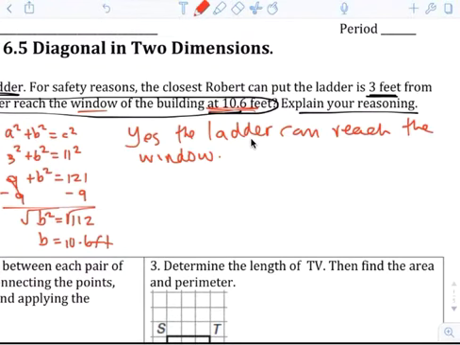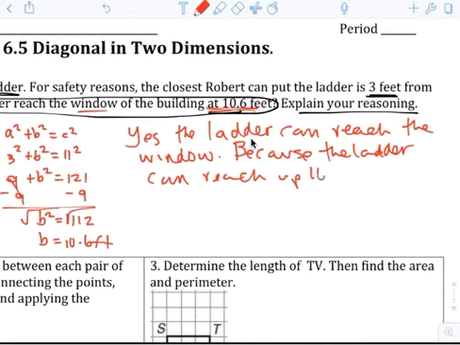Yes, the ladder can reach the window because the ladder can reach up to 10.6 feet and the window is at 10.6 feet.